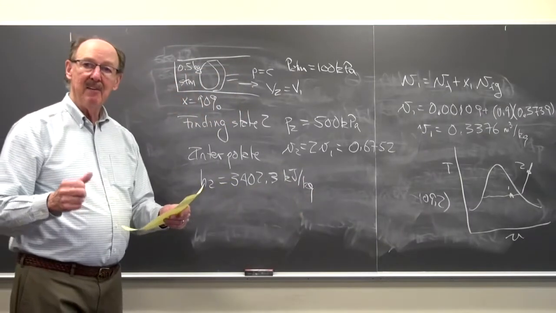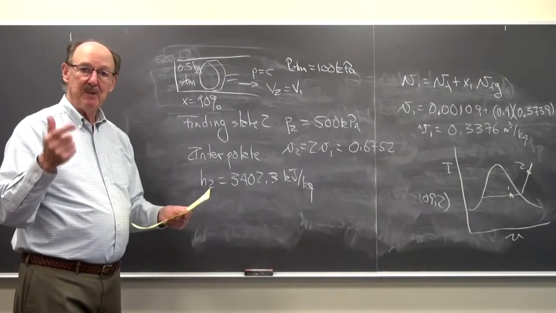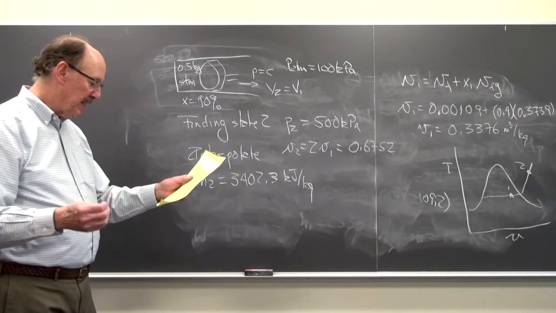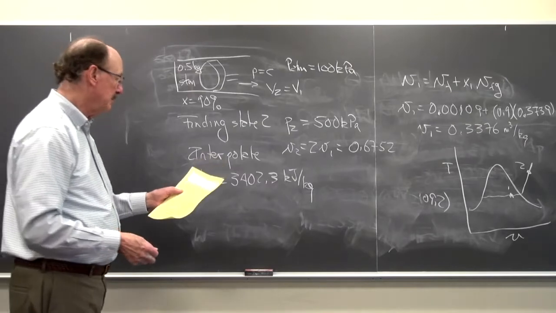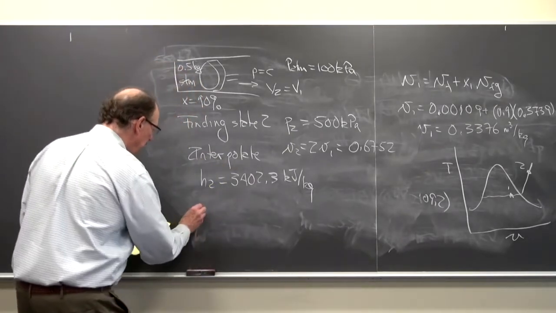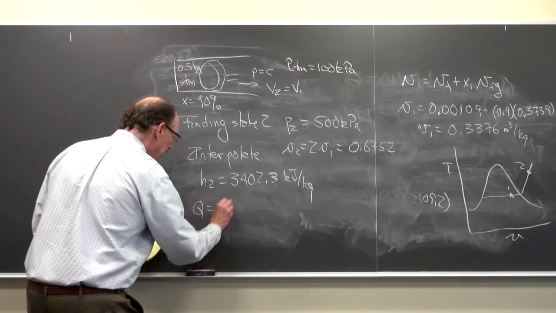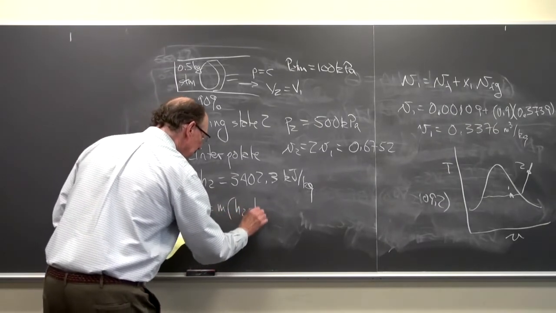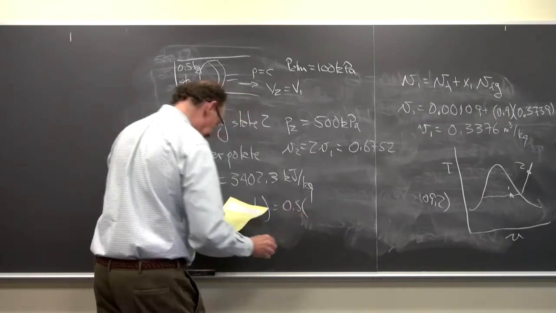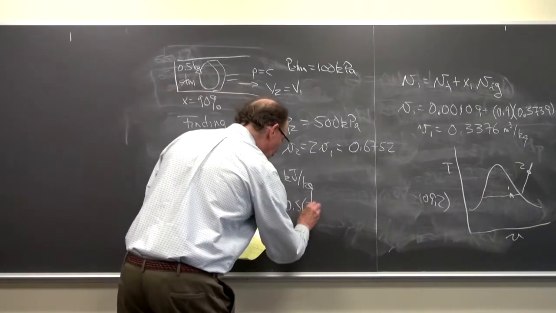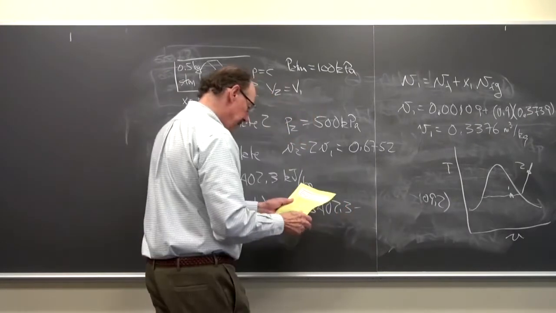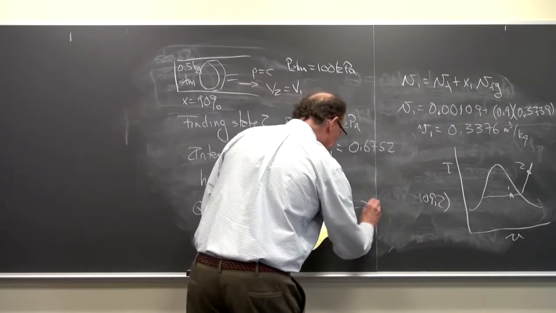And now that we have the specific volume, we have the pressure, we have the enthalpies, we can find the heat, we can find the work, and we'll find the work against the surroundings. So the heat, Q is equal to M times H2 minus H1, which is 0.5 times 3402.3 minus H1, 2538.